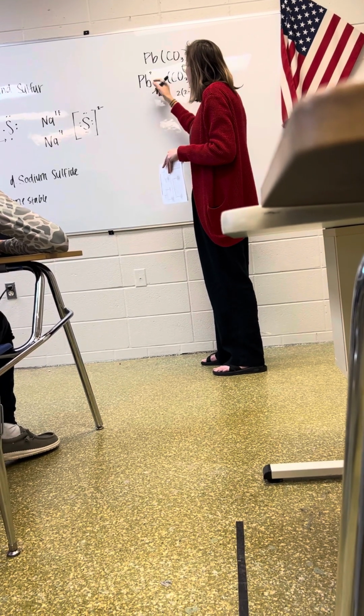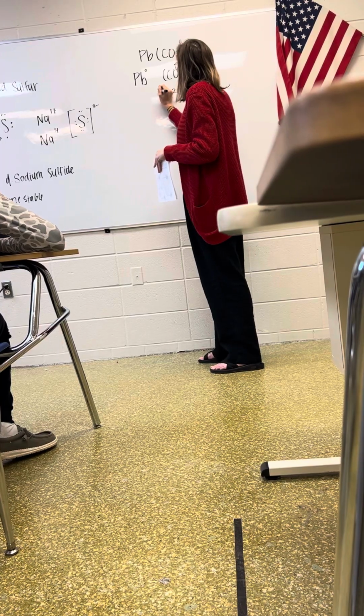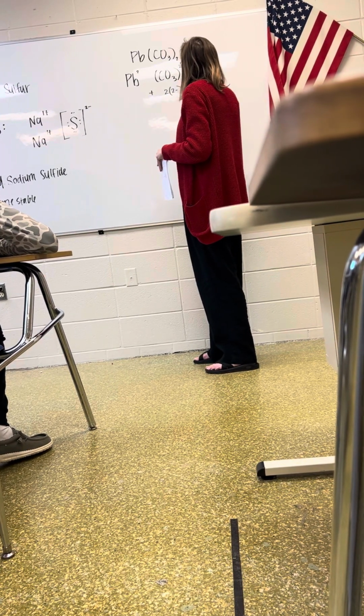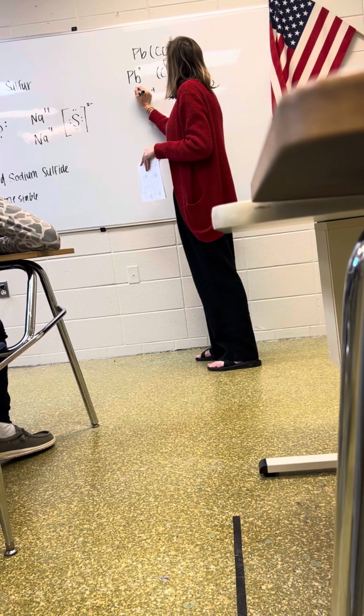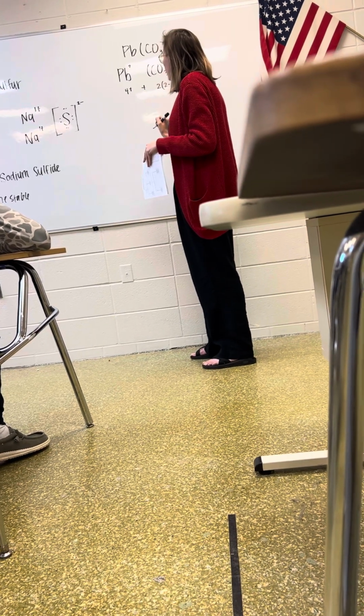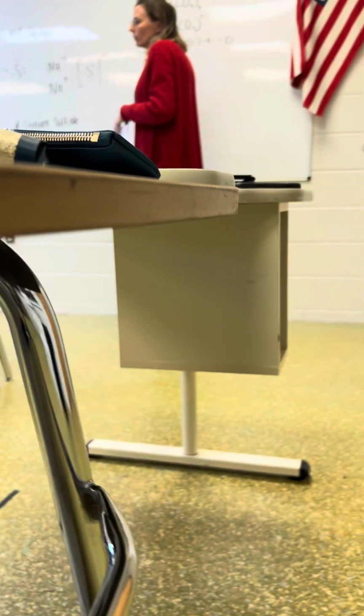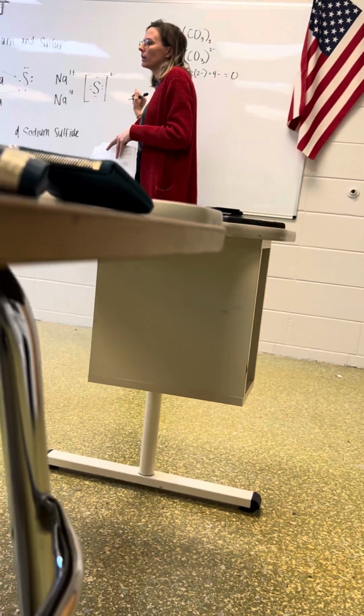So what does this need to be? For it to equal 0, what does that need to be? 4 positive. So there's just the 4 on. We need to know that for the example.